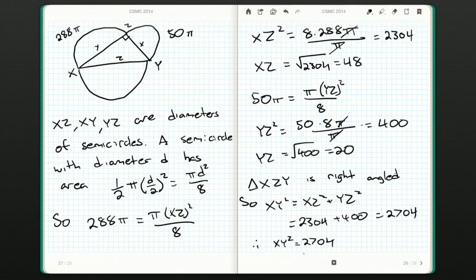Now I'd square root this and find XY, I really would, but it turns out we're not going to need that. Incidentally, XY would be 52, but look at our formula, we need d squared. Well, we already have d squared.